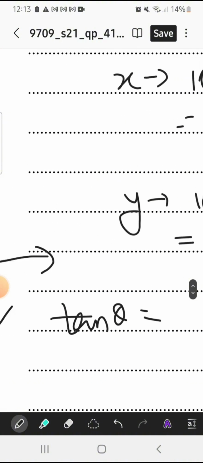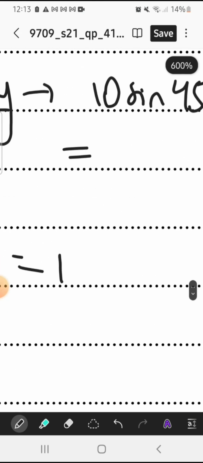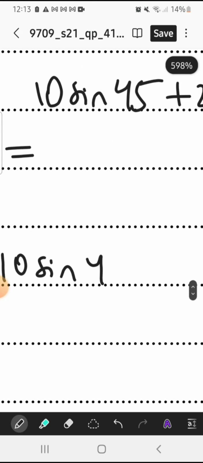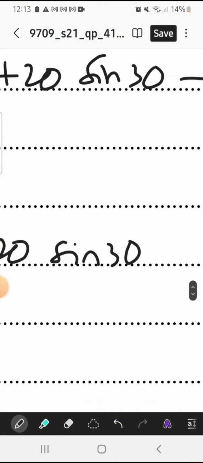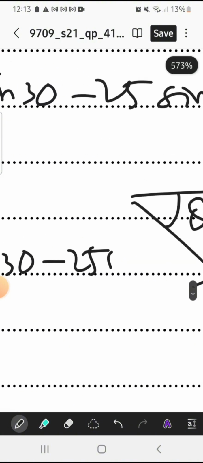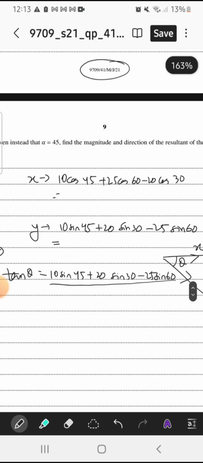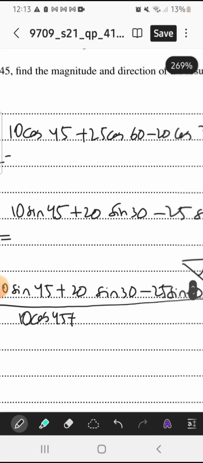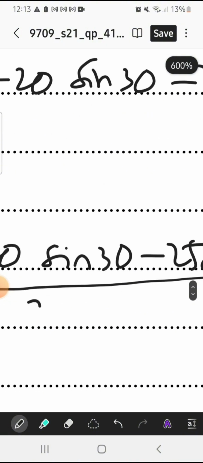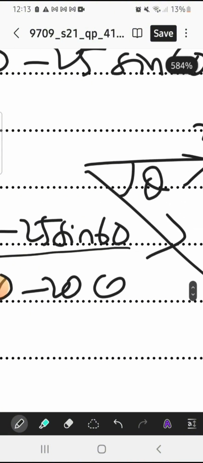Tan theta equals opposite over adjacent, which is y: 20 sine 30 minus 25 sine 60 plus 10 sine 45, divided by 10 cos 45 plus 25 cos 60 minus 20 cos 30.